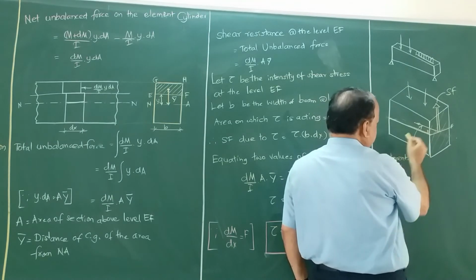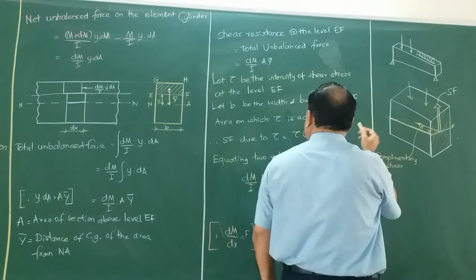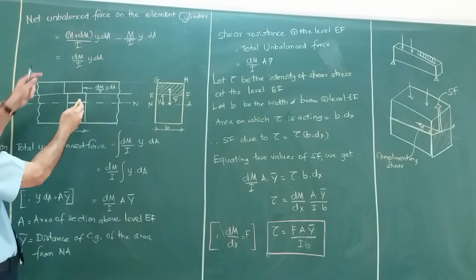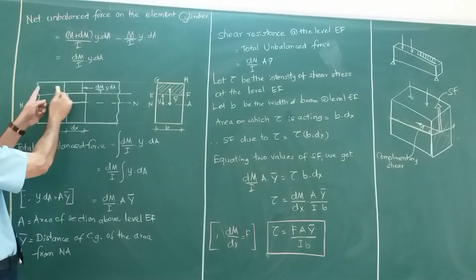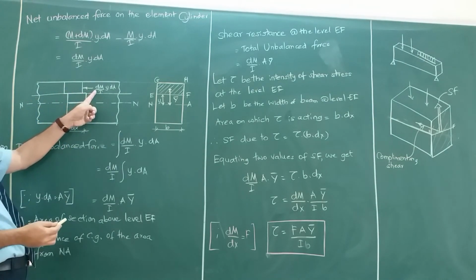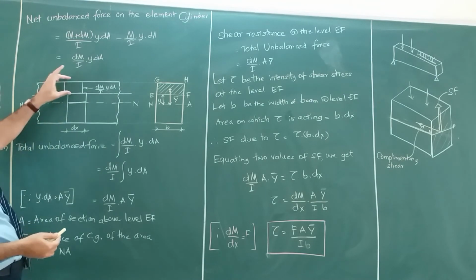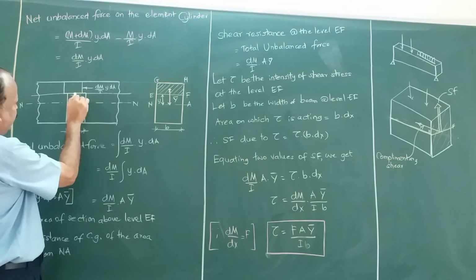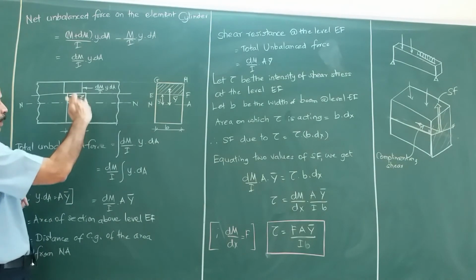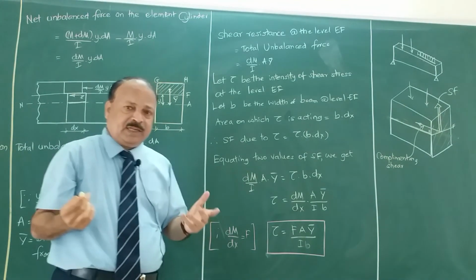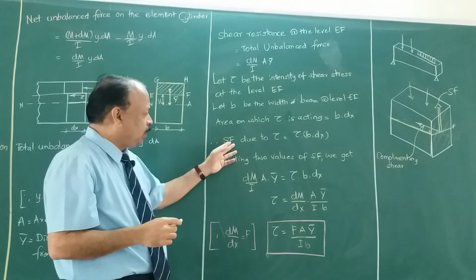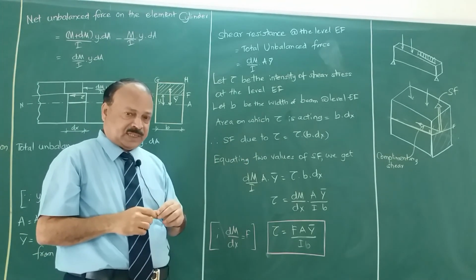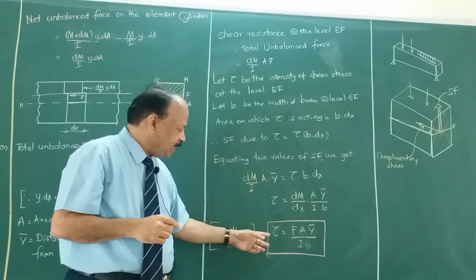So you have to calculate this shear stress, which may lead to sliding of the section. In order that this section should not slide at the level EF, the unbalanced force due to the bending stress must be equated to the shear force, that is, shear stress multiplied by the area on which it is acting. Equating them, we get the shear stress.